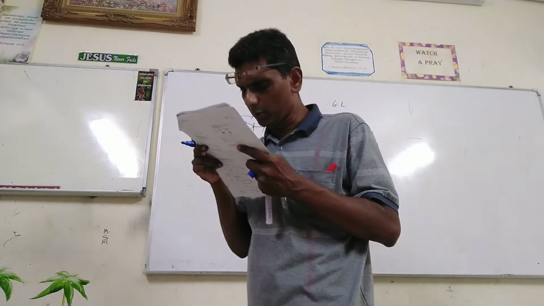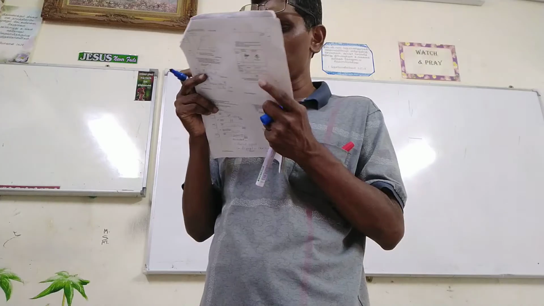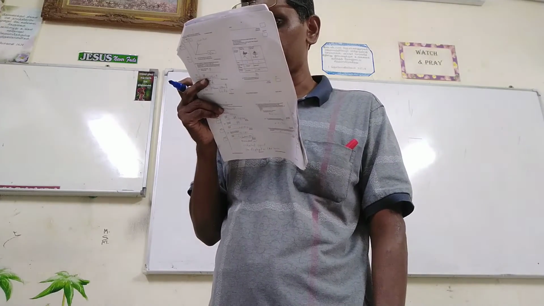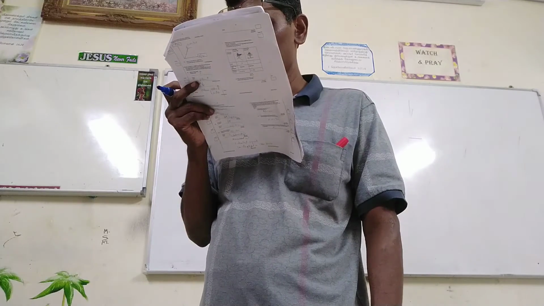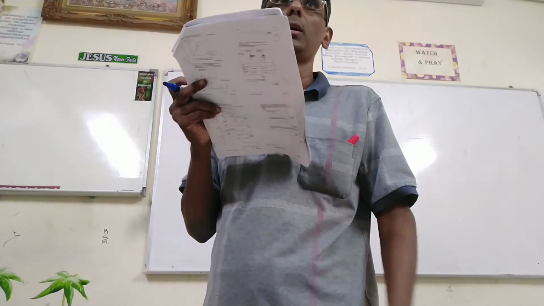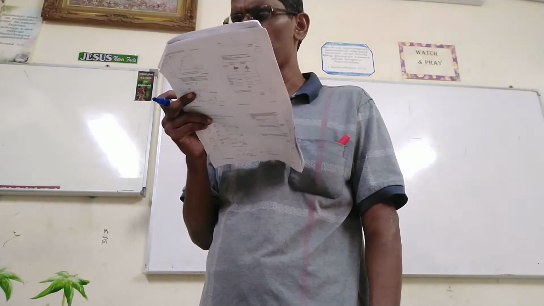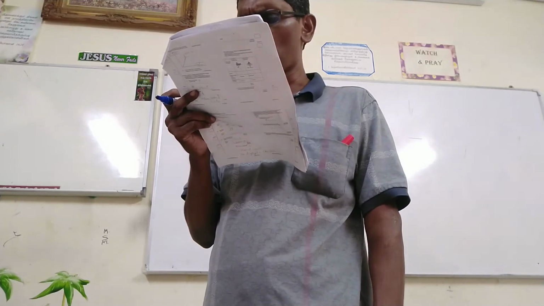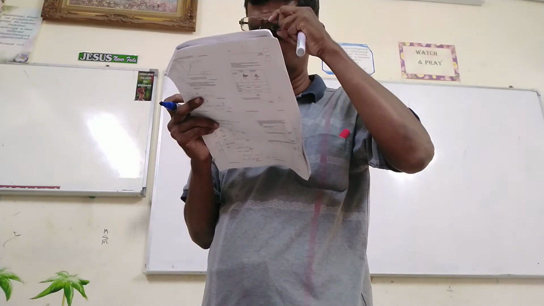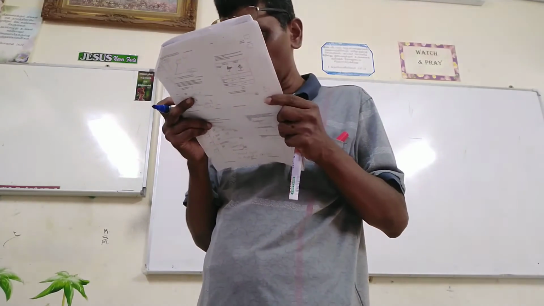Okay, and compare the lighting of the bulb. The bulb in diagram 6.1 lights up. Okay, lights up. And the bulb in diagram 6.2 is off. Compare the current.